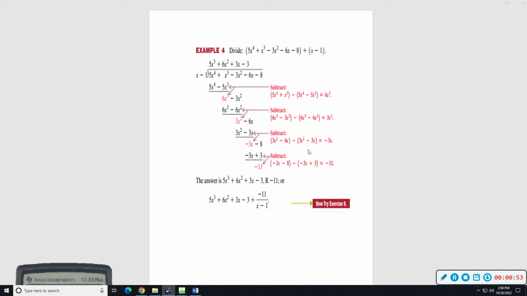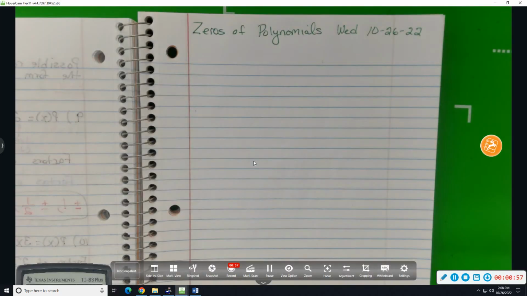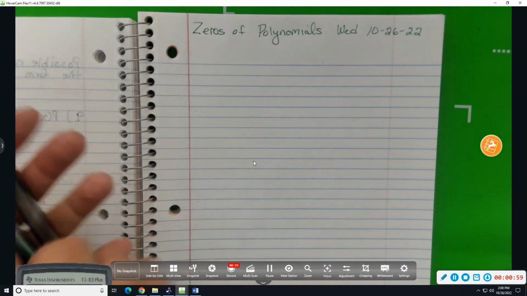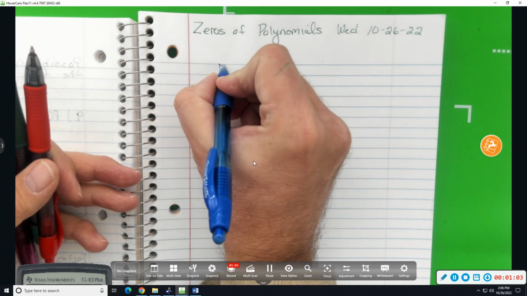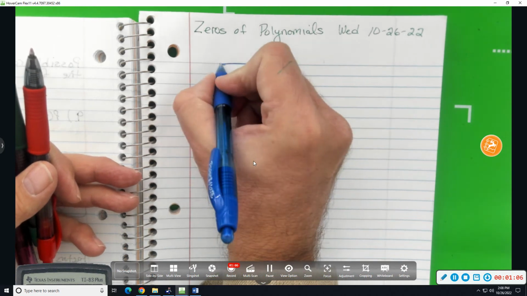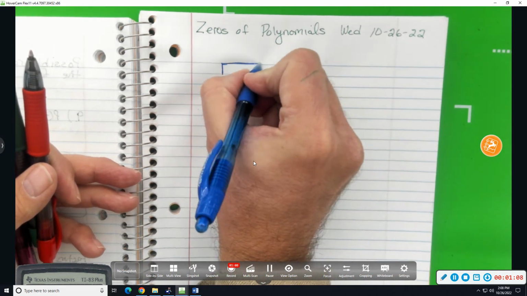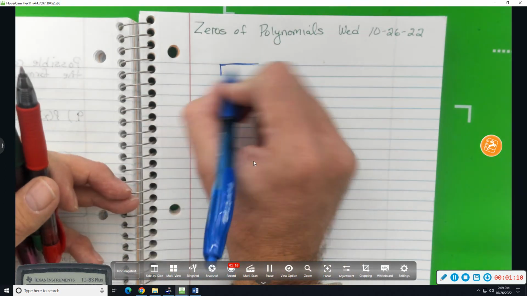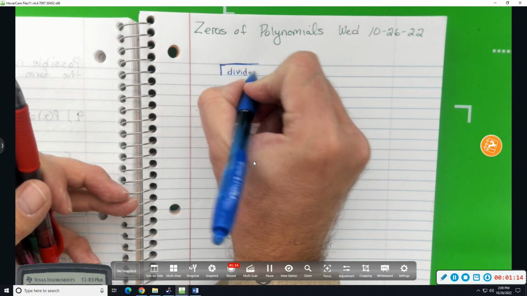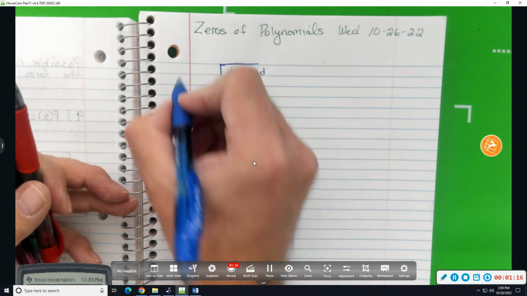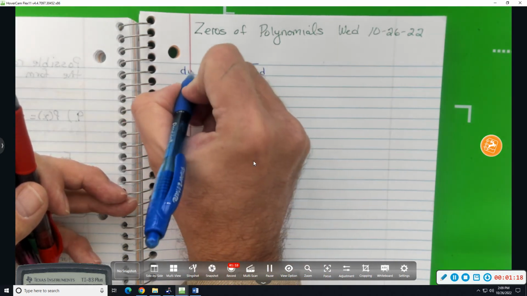maybe I better get some terminology for us. When you're dealing with division, there are three symbols for writing division. One is just the long division symbol. If you have a long division symbol, the stuff under the division symbol is called the dividend, and over here is the divisor.